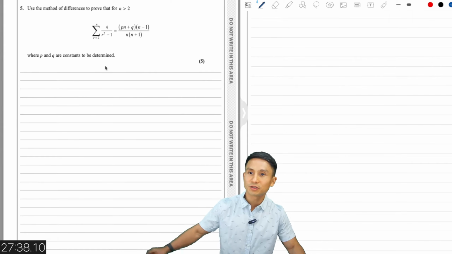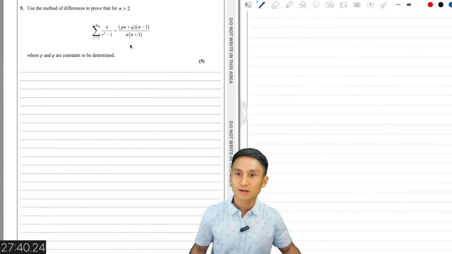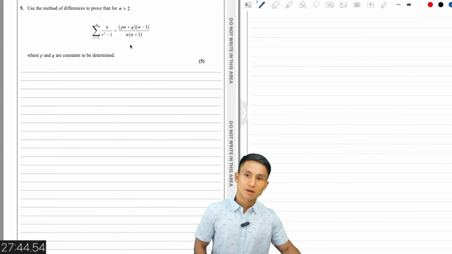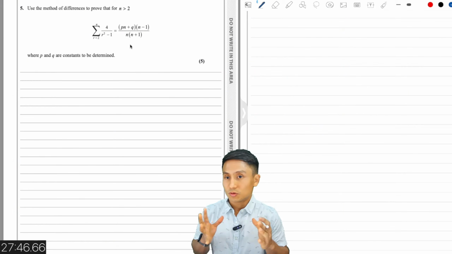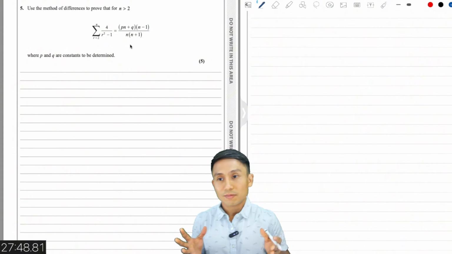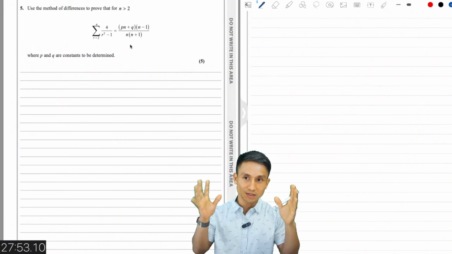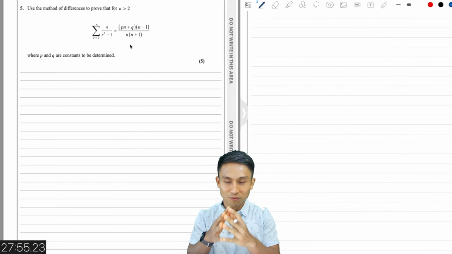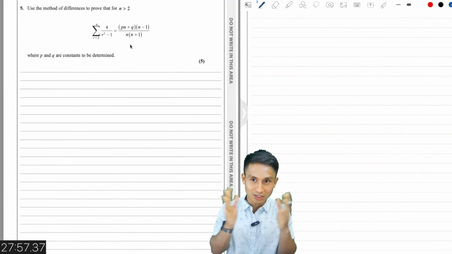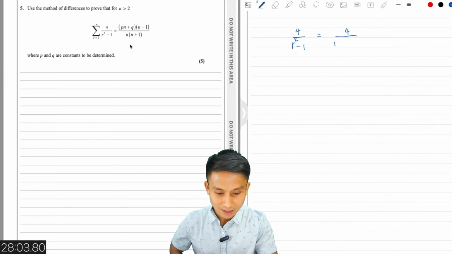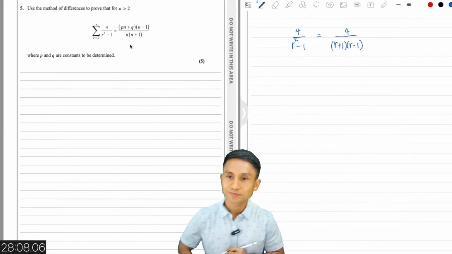Use method of differences to prove that, for n greater than 2. To use the method of differences, you need to do two fractions first in the series. This is not yet the form. So you need to do some partial fractions here because 4 divided by r squared minus 1 can be split, the denominator can be split into this, right?